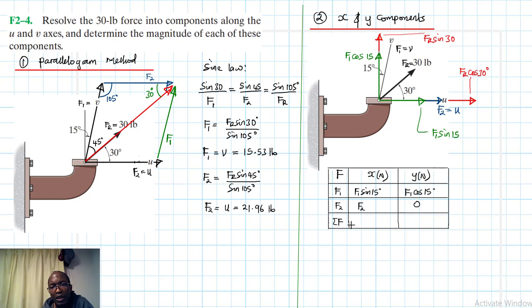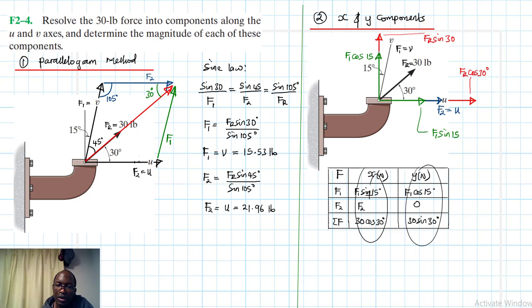And for the resultant, FR is 30, so I'll just put the number there: 30 cos 30 positive, and the y is 30 sine 30.